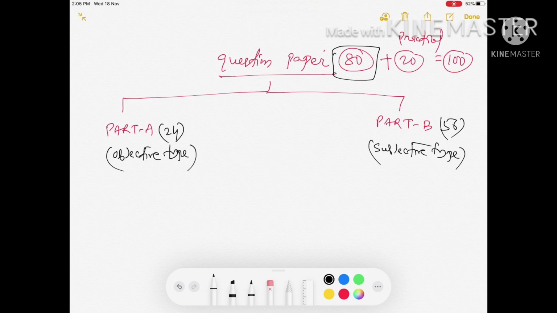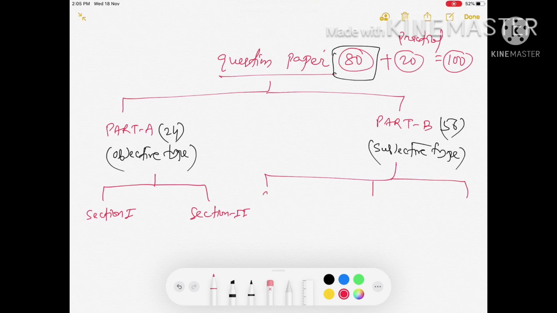Part A is divided into two sections, section 1 and section 2. Part B will be divided into three sections, section 3, section 4 and section 5.